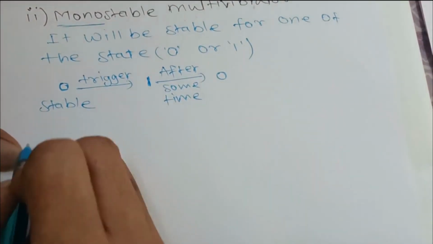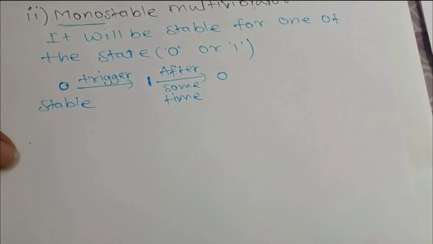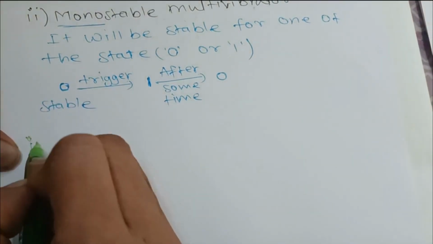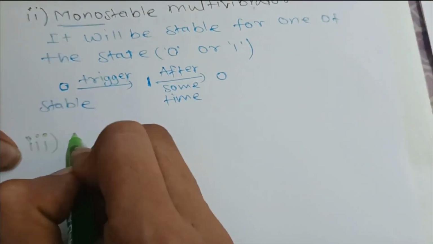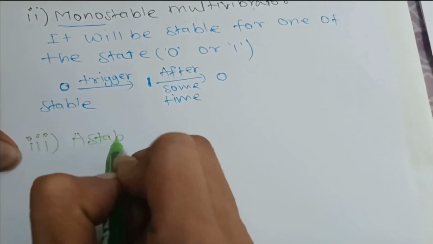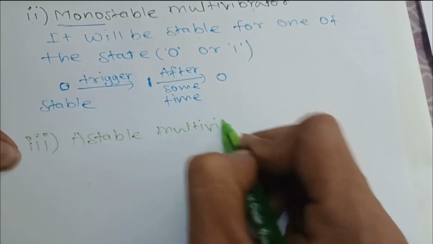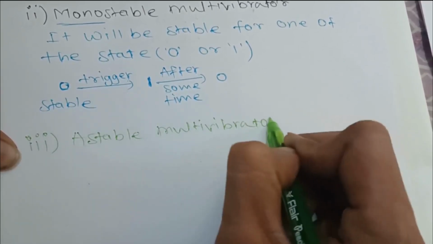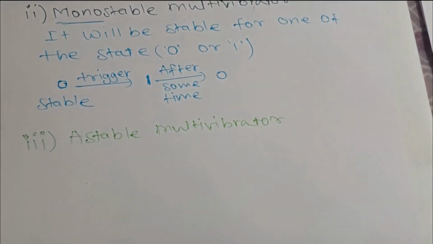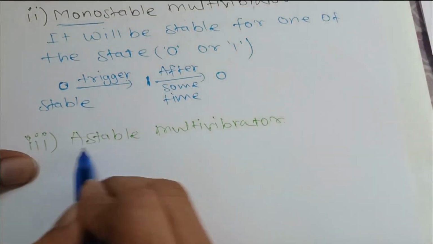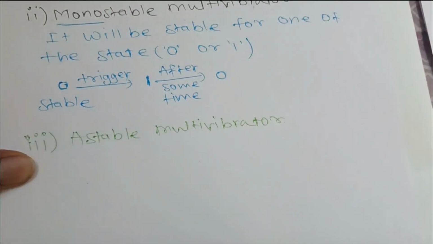Next one is our astable multivibrator. So we are going to see what is an astable multivibrator. Astable is nothing but not stable at all in both the states.